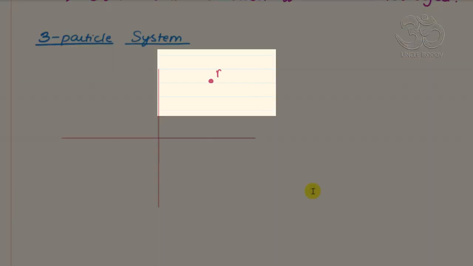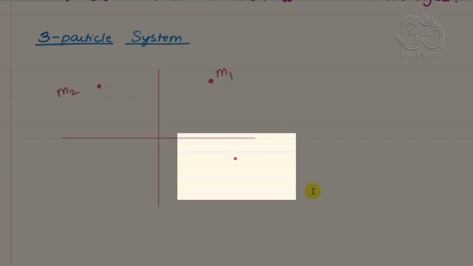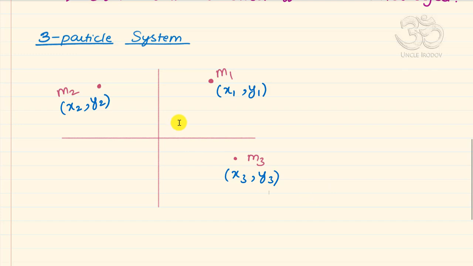So this is m1, somewhere over there this is m2, somewhere we have m3, and m1 is at some coordinate x1 comma y1, m2 is at some coordinate x2 comma y2, and m3 is at some coordinate x3 comma y3, and their center of mass I am saying is some point which is not the origin, so a more general case, which is this point C that has got coordinates x comma y.